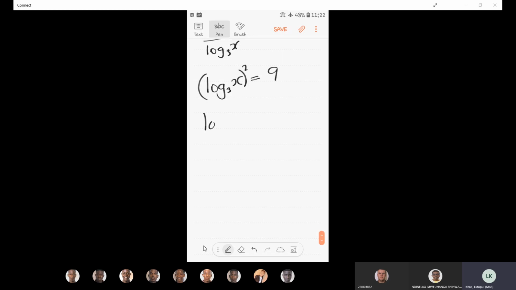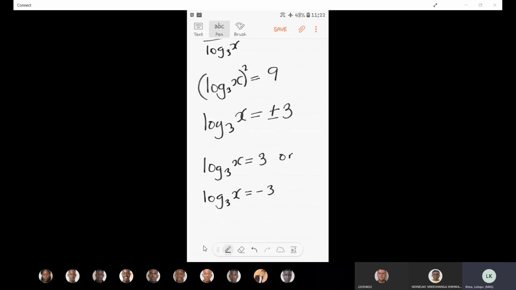So I have log base 3 of x. This is plus or minus the square root of 9, which is equal to 3. So I will have log base 3 of x, this is equal to 3, or log base 3 of x, this is equal to minus 3.